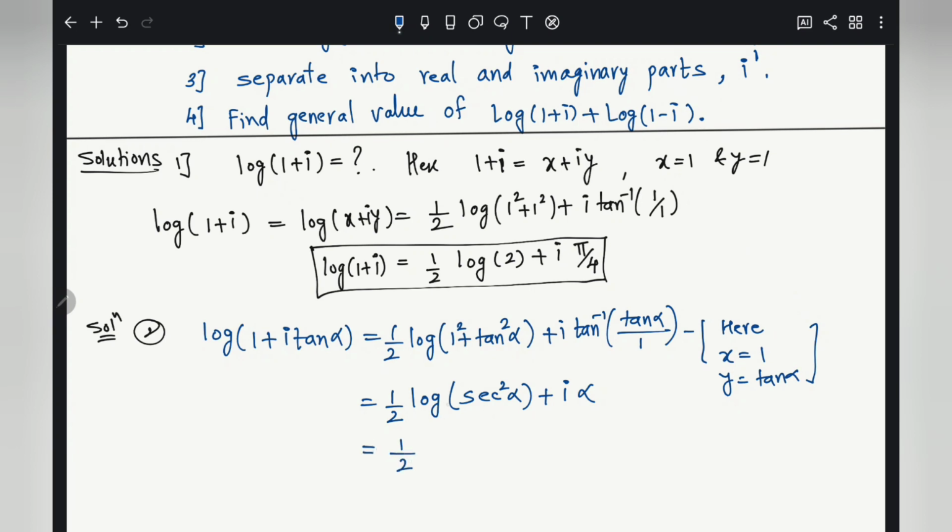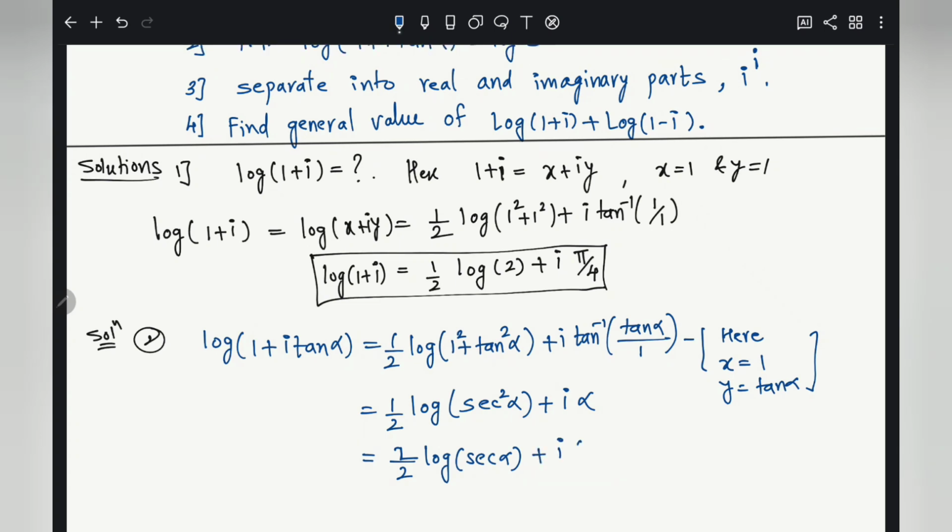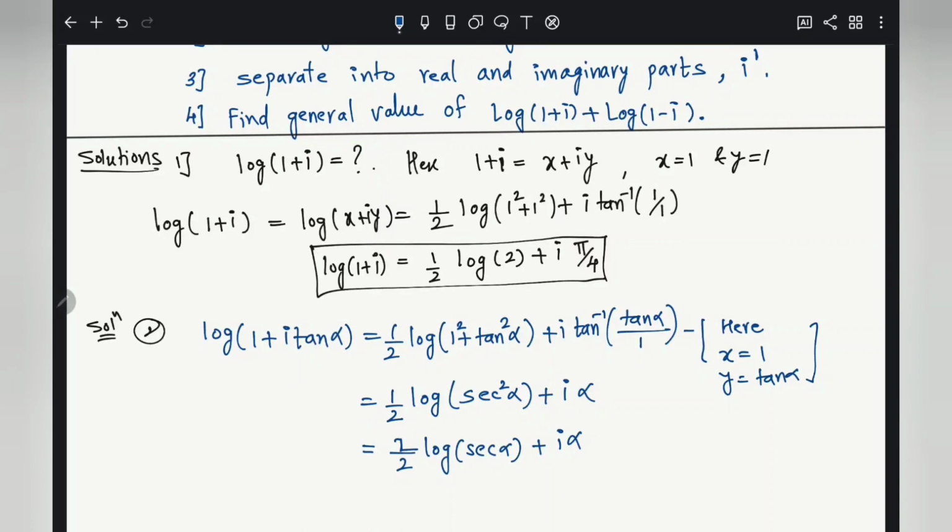So half log of sec square alpha, we can write log sec square as 2 log sec alpha, so we get log sec alpha plus i alpha.